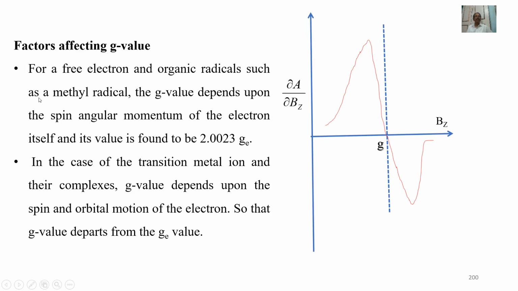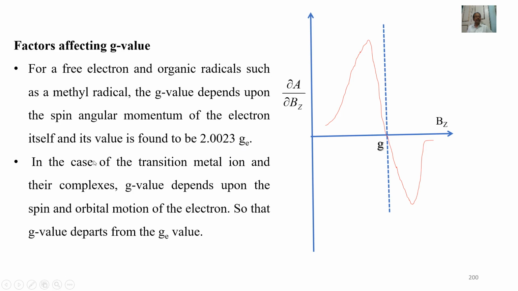Factors affecting the g value. For a free electron and organic radicals such as the methyl radical, the g value depends upon the spin angular momentum of the electron itself, and its value is found to be 2.0023, the g free value.